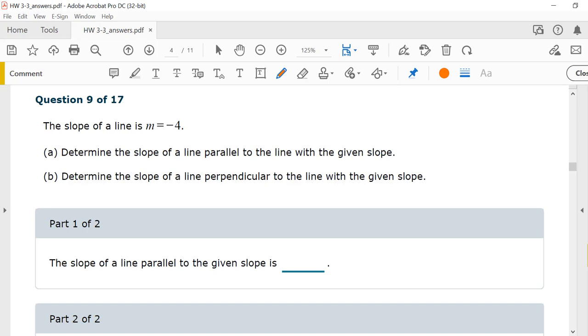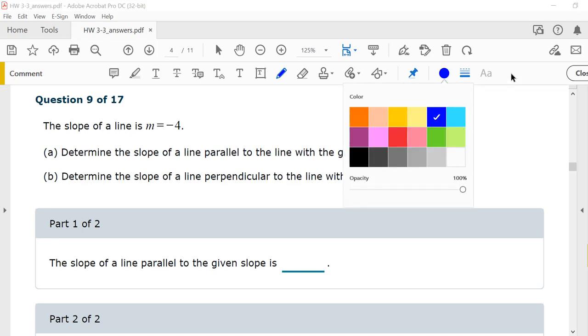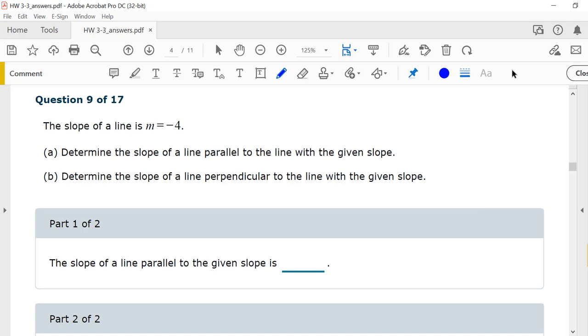Okay, number 9. The slope of a line is m equals -4. Determine the slope of a line parallel to the line with a given slope, and determine the slope of a line perpendicular to the line with a given slope. First of all, we need to know what parallel and perpendicular lines are. Parallel lines are lines that never intersect.